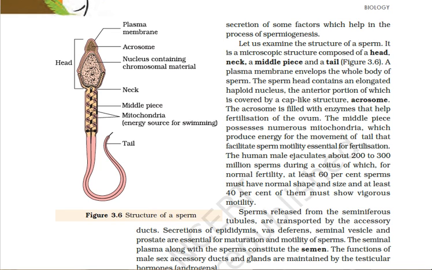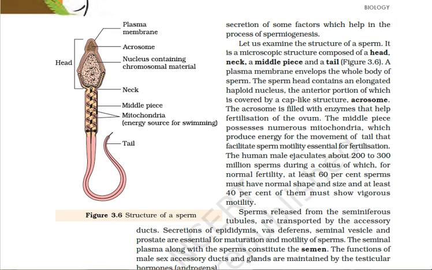So we begin with the head of the spermatozoon. It is slightly oval and contains a large nucleus which has highly condensed DNA matter.